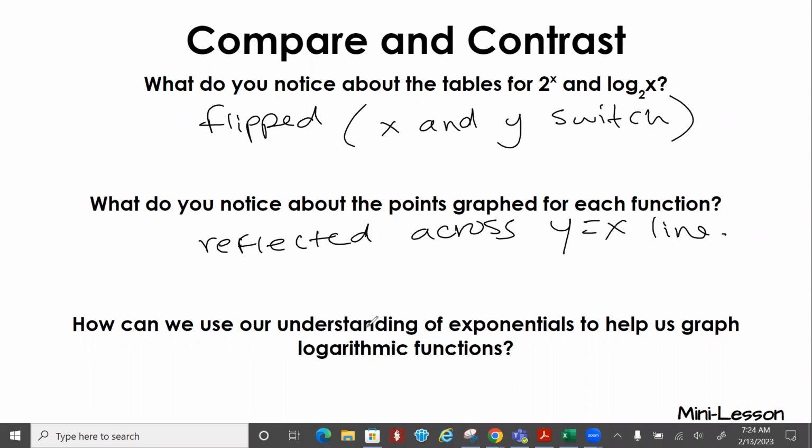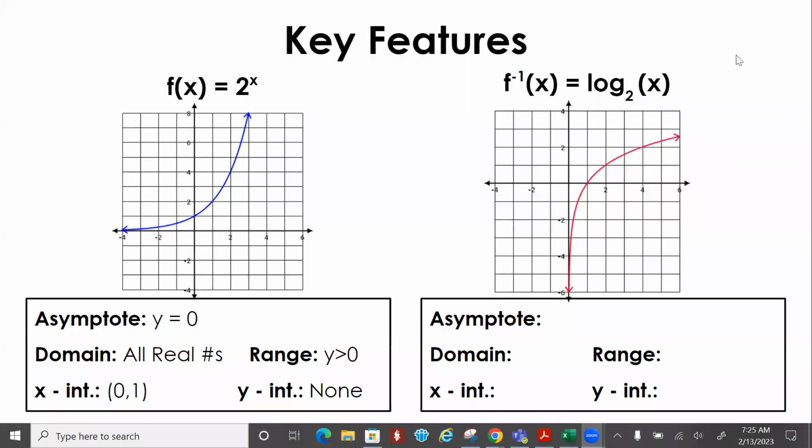And then how can we use our understanding of exponents to help us graph a logarithmic function? Y'all have already said it. We could switch x and y and plot.